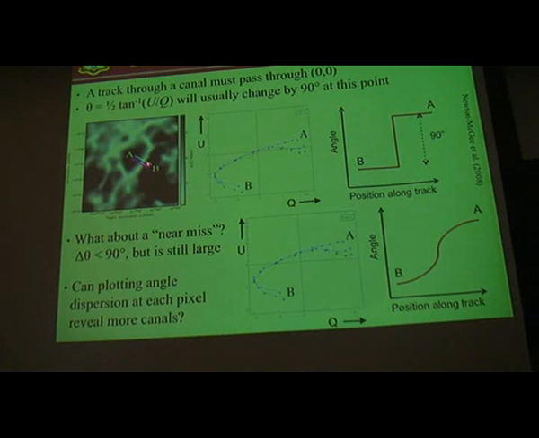So obviously at a canal pixel right here, you have a large dispersion angle because it changes from this angle to that angle. And so canals will show up as regions where the dispersion angle is very high. But this near-miss region here will show up as a place where dispersion is high, but not as high as this one. So if you take this approach, you should get a map not just of the canals, but of all the near-miss canals as well.